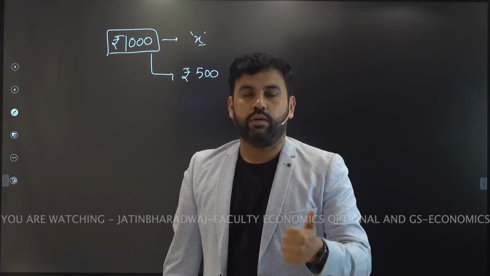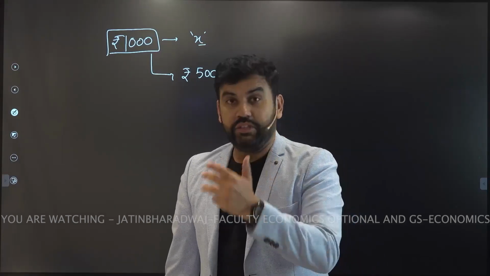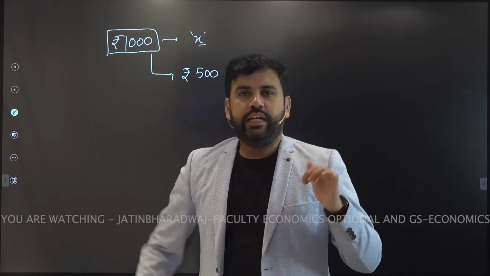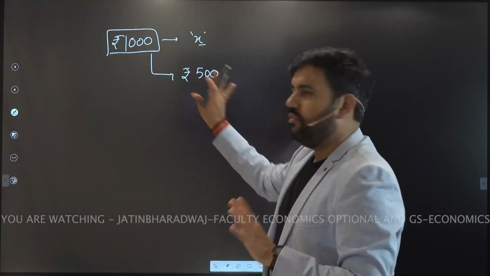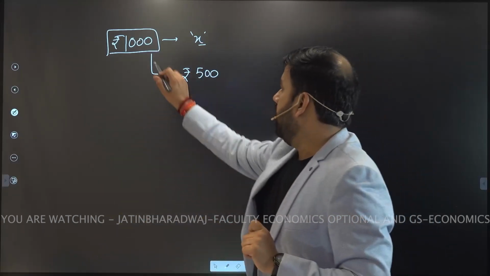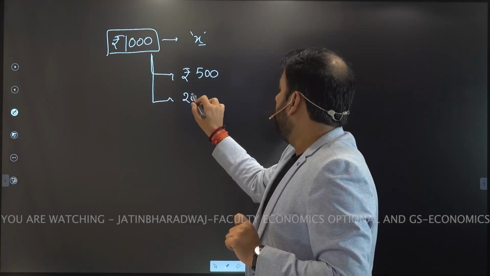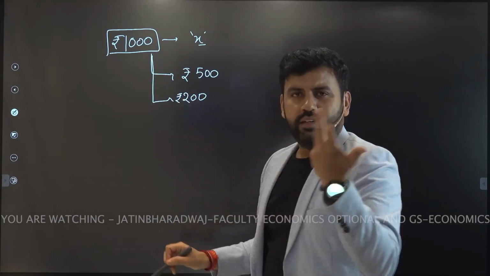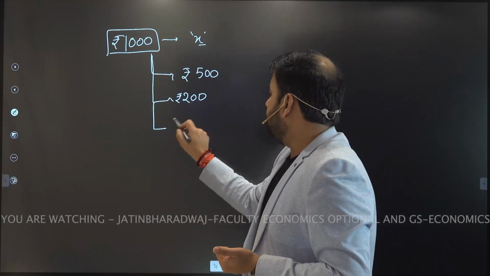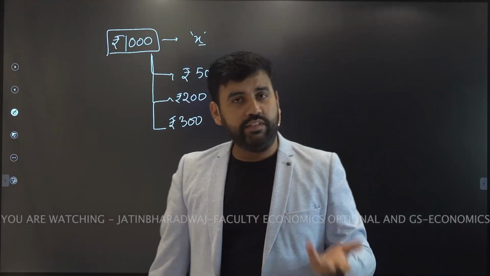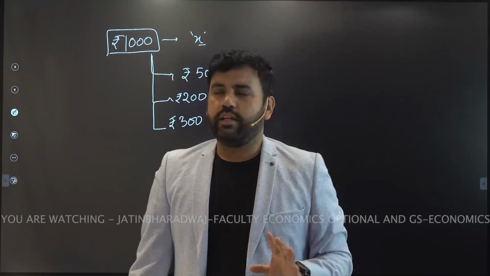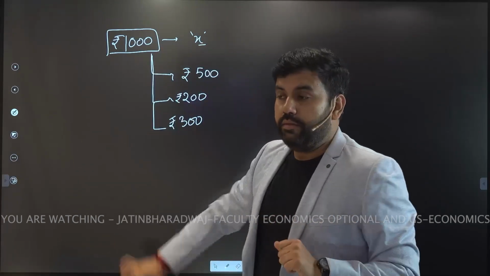They are buying goods, services, merchandise, food, fuel, day-to-day consumption, EMIs, home loan, car loan, and all those things. 500 rupees is being invested. Then let's say 200 is being used by government for multiple purposes. The rest 300 is being used by the private sector, let's say corporates, companies, factories, industries. Multiple uses are there. So the same money can be used for multiple purposes.